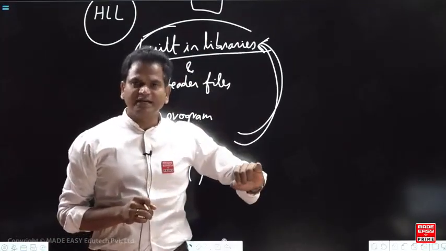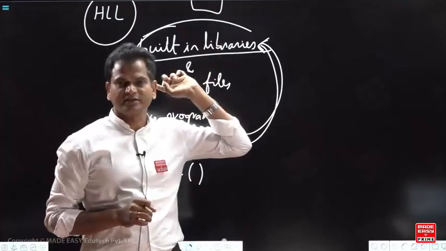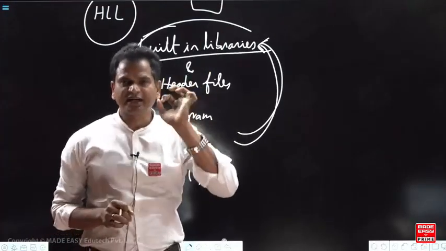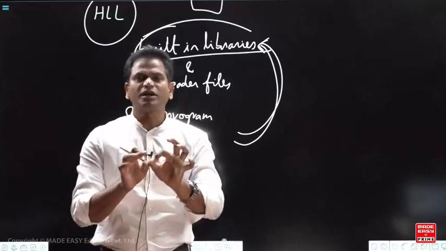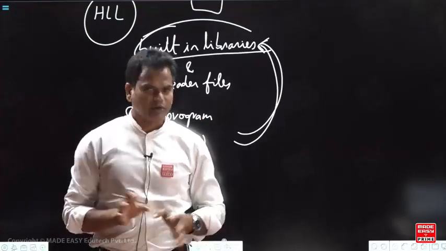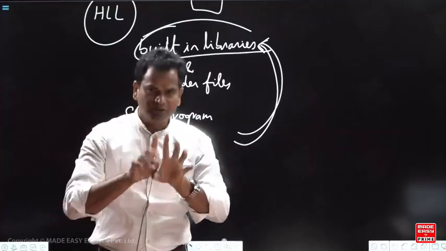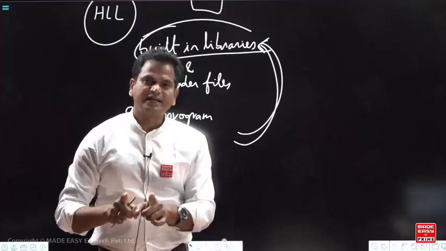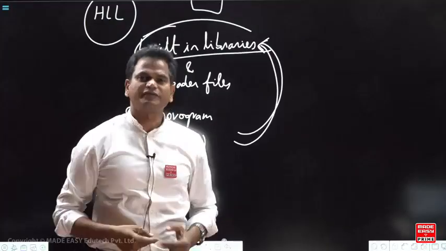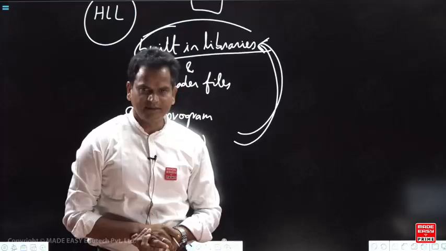So the linker links these functions to their definitions, and if the corresponding definition is not found in the library, then it will throw an error. Okay, simple. The linker links all the modules as a single module, and links the definition of a standard function with the definition in the library.